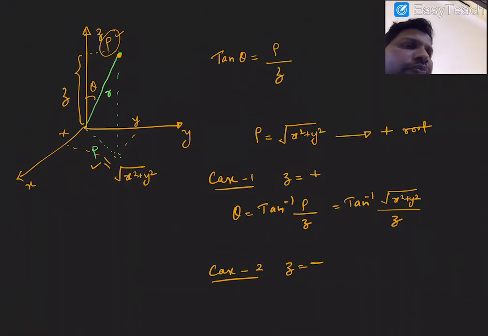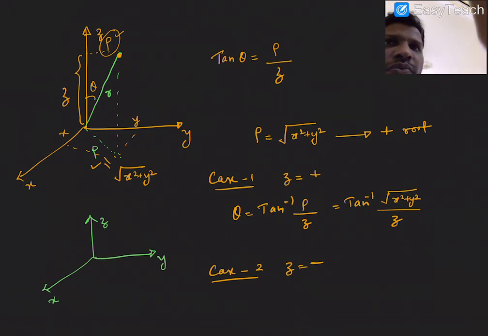Now let us see case 2 in detail. What is the situation? This is your z axis, this is your x axis and this is your y axis. Now let us consider the point somewhere here. In this case you can see that this is your rho and your z is negative.